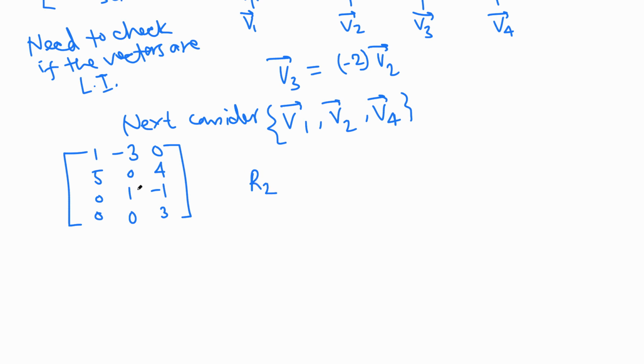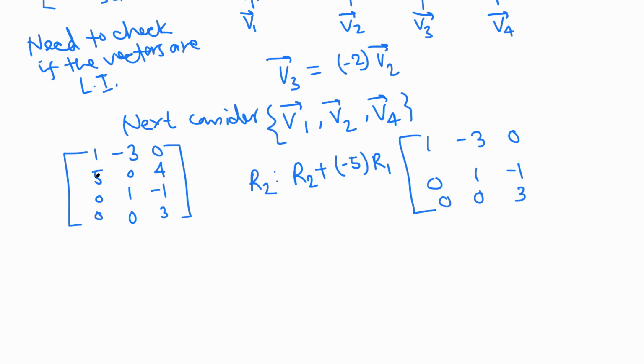So we work on R2, the second row, R2 plus negative 5 times R1. So 1, negative 3, 0, this is 0, 1, negative 1, 0, 0, 3, here negative 5 plus negative 5 is 0, 0 plus negative 3 times negative 5 is 15, and 4 plus 0 is just 4.